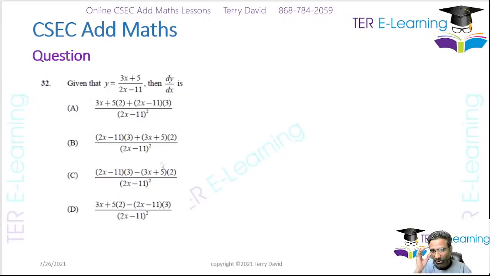This next one now, we are using a quotient, sorry, this is a quotient we're going to do here. So we have y is equal to (3x plus 5) all over (2x minus 11), and you want to find dy/dx. You all need to make sure you know your formula for the quotient.